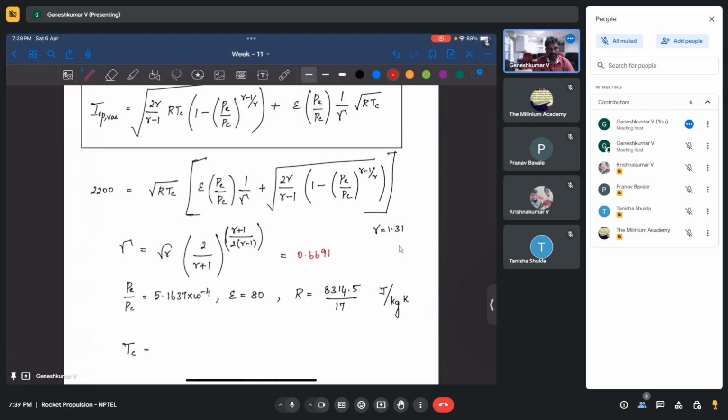5.1637 into 10 power minus 4, power, 0.31 by 1.31, 1 minus answer into 2, 1.31 divided by 0.31.